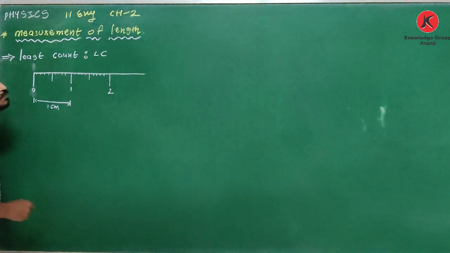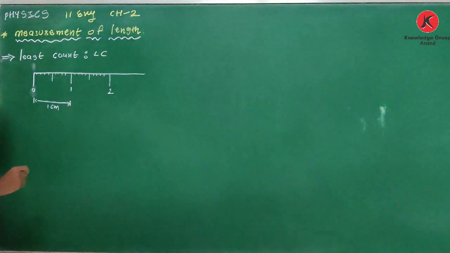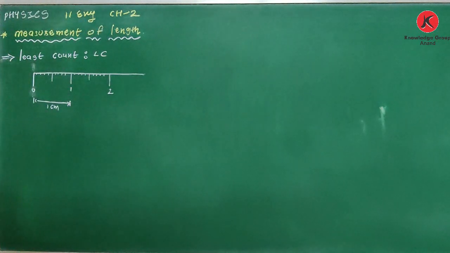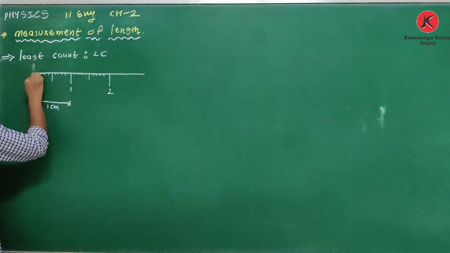Now, what is the minimum distance, the smallest distance that this scale can measure? That is the distance between two successive threads.